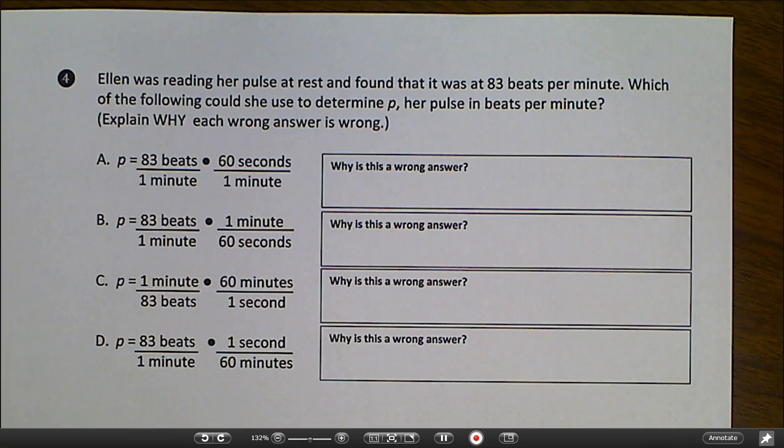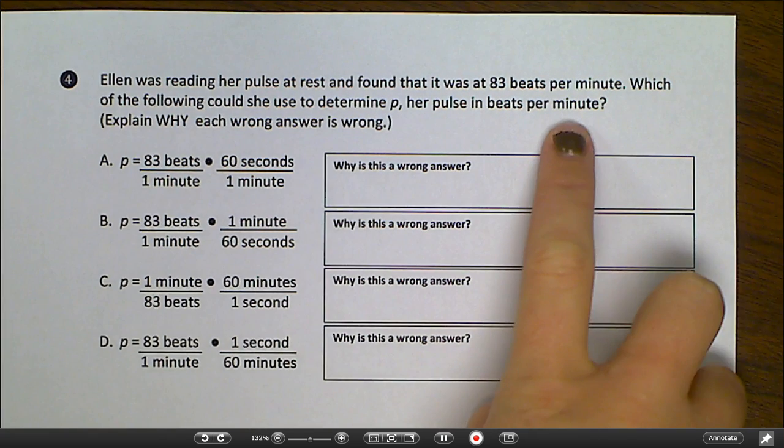Excuse me. So it's your heart rate. So she was reading her pulse at rest, so without doing any exercise, and found that it was about 83 beats per minute. Which of the following could she use to determine P, her pulse in beats per, and this should say second.